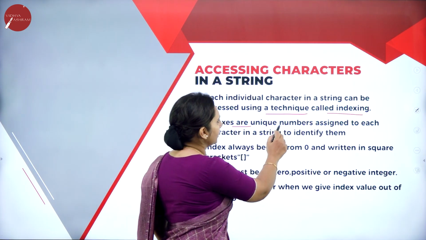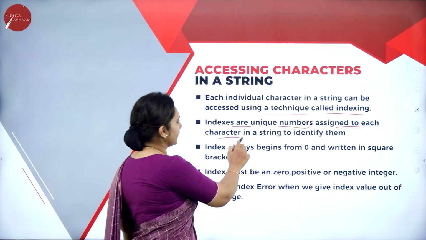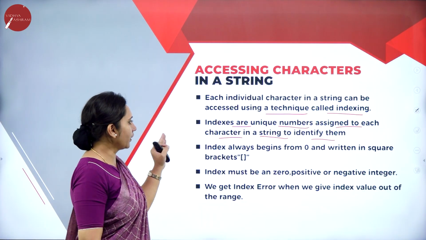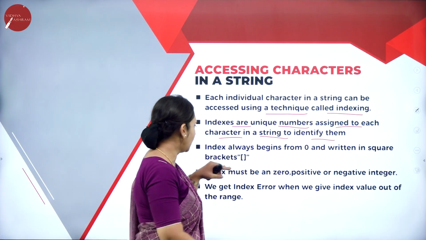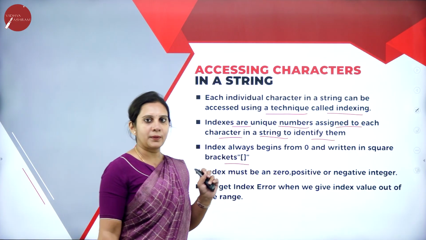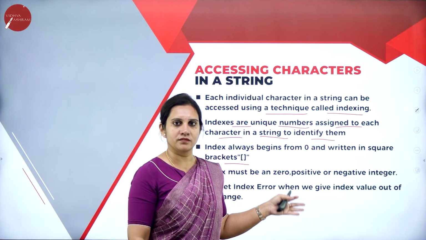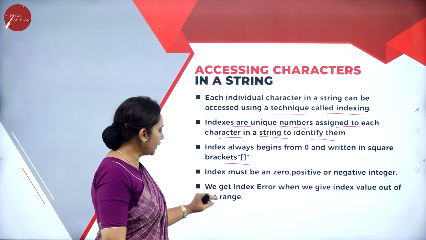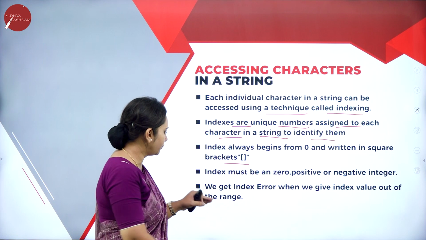Indexes are unique numbers assigned to each character in a string to identify them. The index always begins from 0 and is written in square brackets. The index must be 0, a positive or a negative integer.